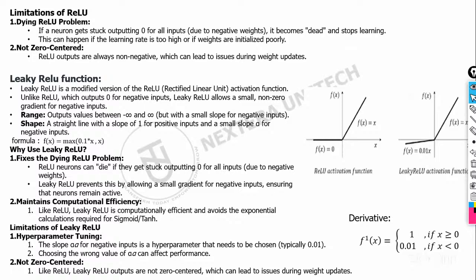What is this dying ReLU problem? It means, what if the output of the ReLU is 0? Because the function says max of 0 comma x. If x is a negative value, what will be the output? 0. So if the output is 0, that particular neuron becomes dead and it stops learning.